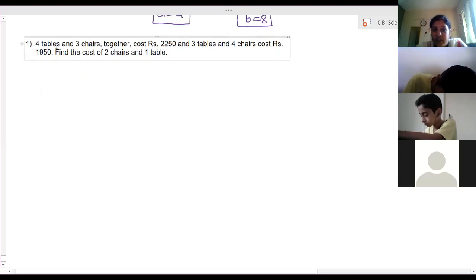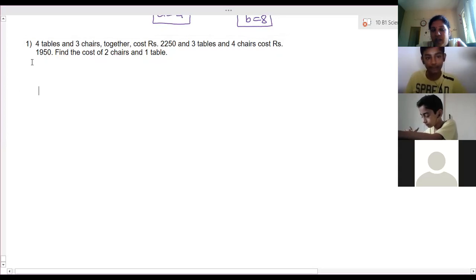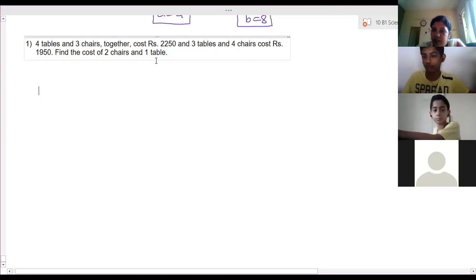So now here: 4 tables and 3 chairs together cost rupees 2,250, and 3 tables and 4 chairs cost rupees 1950. Find the cost of 2 chairs and 1 table. So here we will consider the cost of 1 chair and 1 table as X and Y rupees. For all the word problems, you have to write all the sentences.